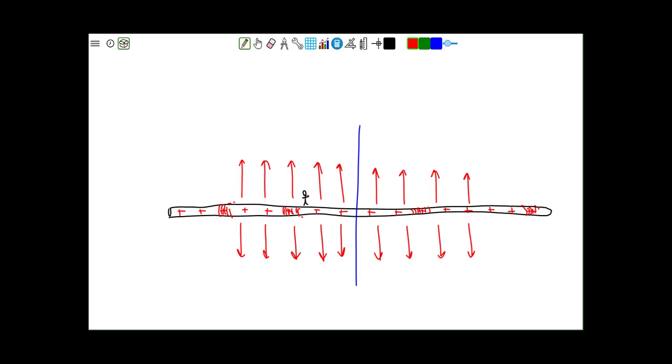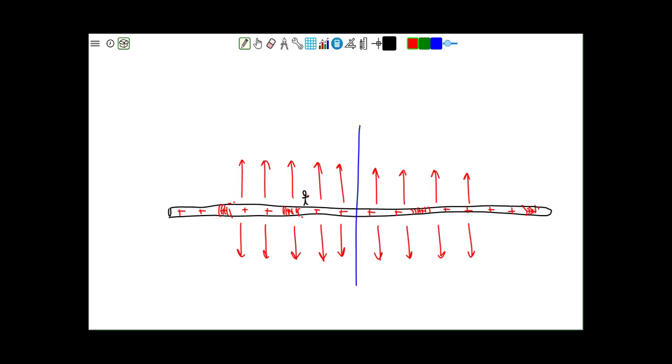Now, we're idealizing this wire. We're saying it is infinitely long. And the reason why that's a useful approximation is that for an infinitely long wire, the electric field is radial. Because of that, the electric field everywhere around the wire is pointing radially away from the wire.